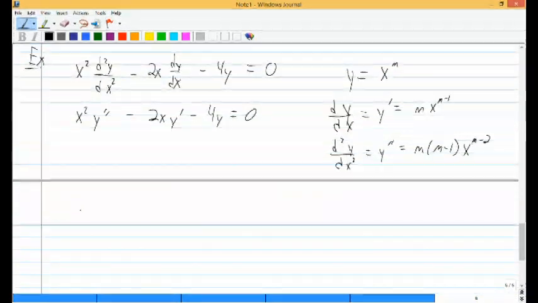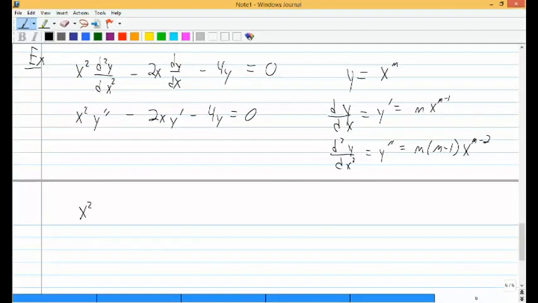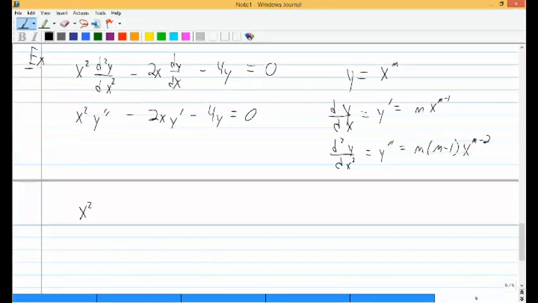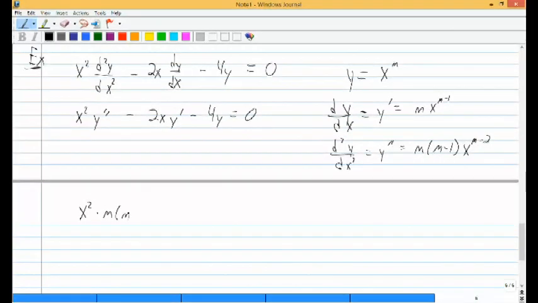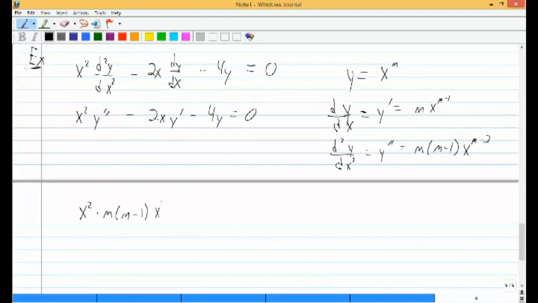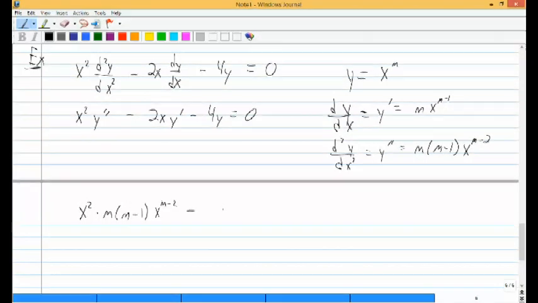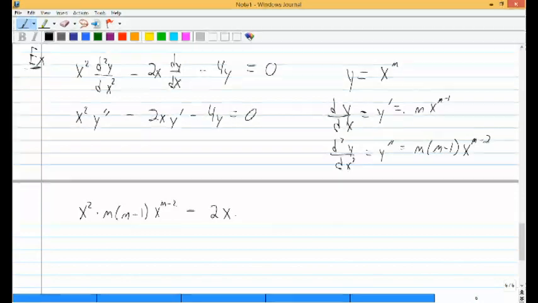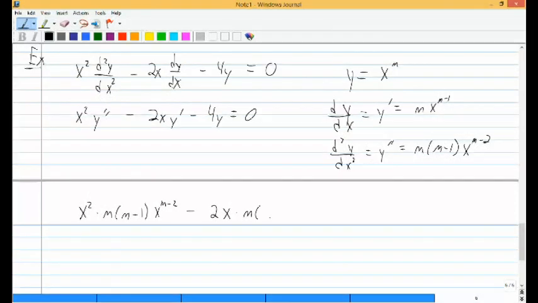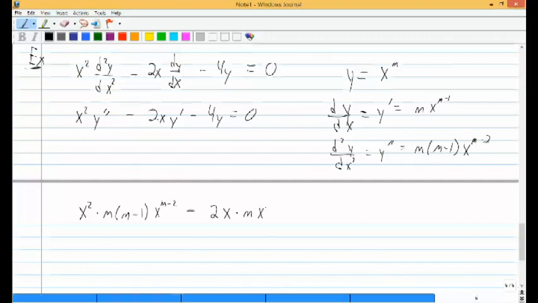Let's see. I would have x squared times m times m minus 1 times x to the m minus 2. I'm just taking the second derivative and plugging it in. Then I'd have minus 2x, and then the first derivative, times m times x to the m minus 1.